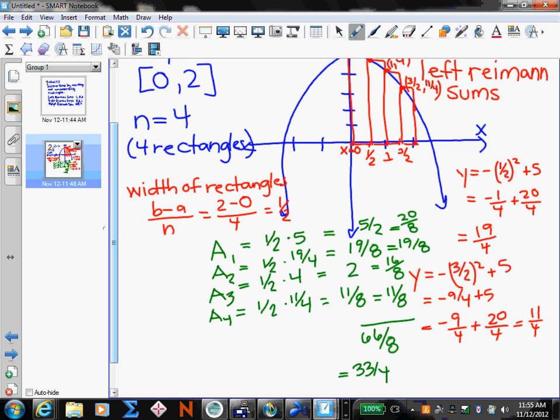So my left Riemann sum is going to be 33/4. Now, I am going to draw my right Riemann sum on the same graph, just so that you can see the difference in my rectangles.